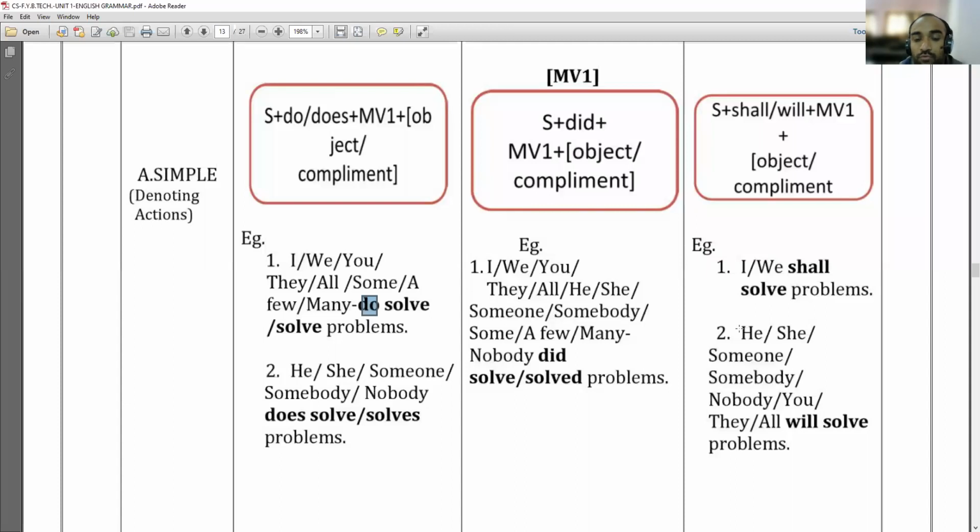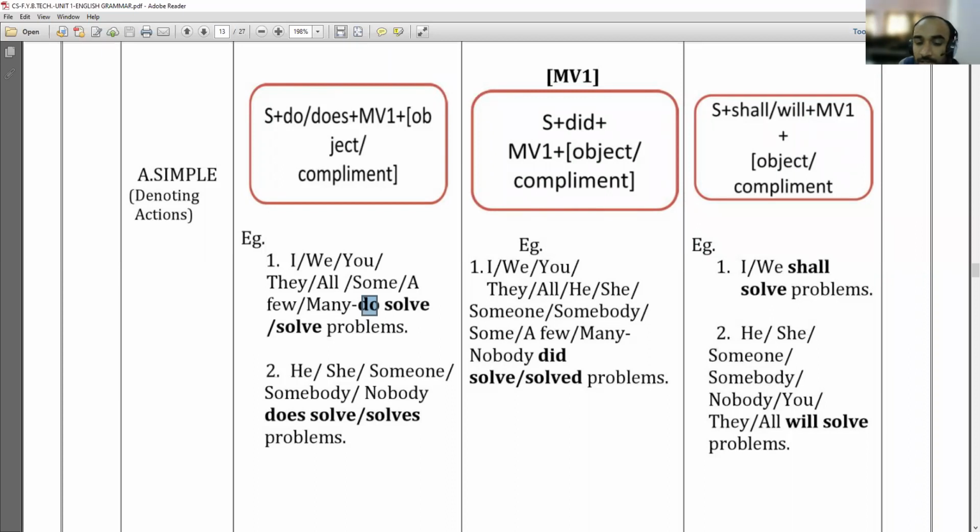Then we do solve problems or we solve problems. We can take any of these. You solve problems or you do solve problems. This is also correct. Okay. So do is omitted, or we have to keep it as it is. Okay. There is no difference between these two sentences.